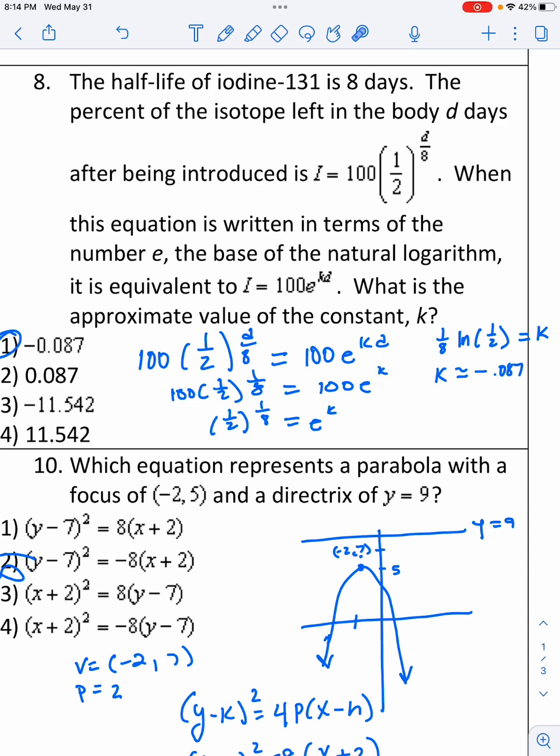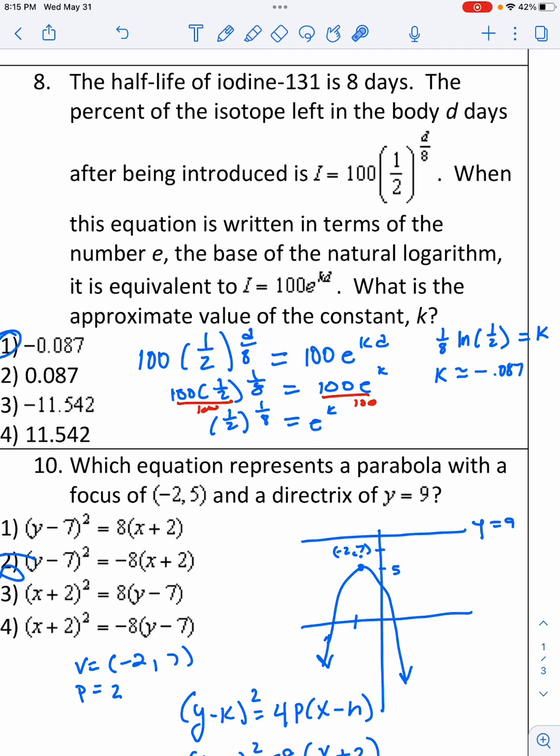So now we're going to get rid of the 100 by dividing by 100 on both sides. That just eliminates it. So then we have 1/2 raised to the 1/8 is equal to e to the k. So since we have a variable in the exponent, we're going to log both sides.